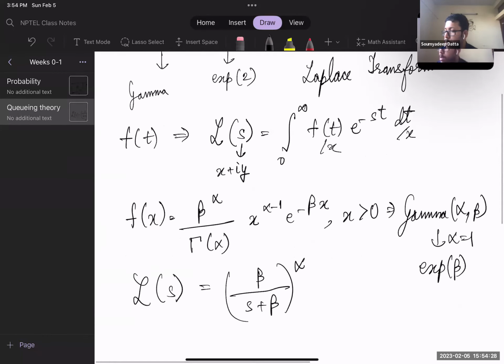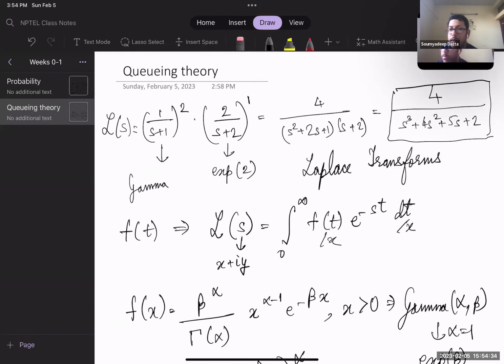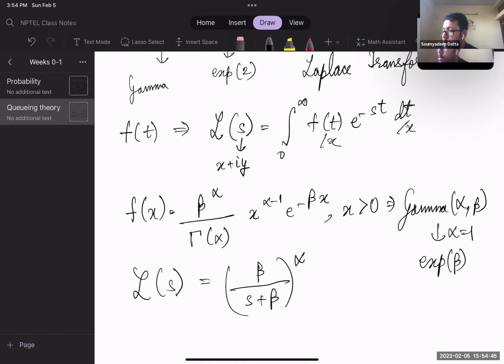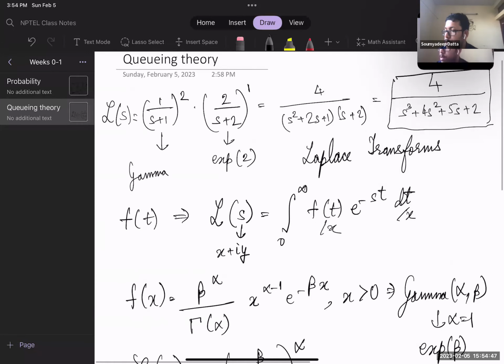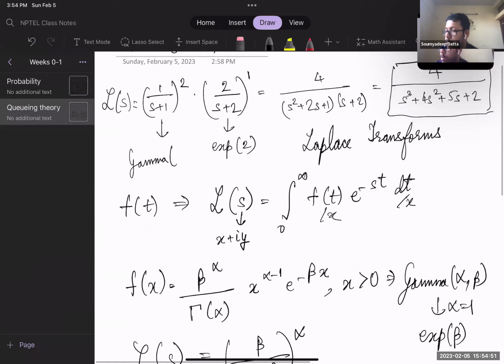If you compare beta by s plus beta to the power alpha, here it's 2 by s plus 2 to the power 1. So alpha is 1 and beta is 2. So this is exponential of 2, and this other one is gamma of 1, 2.